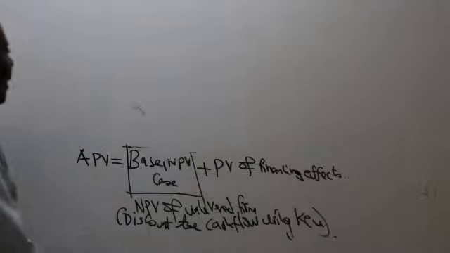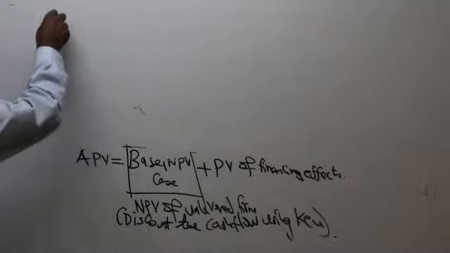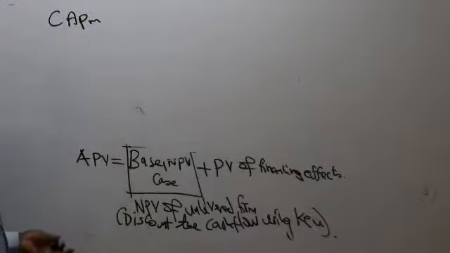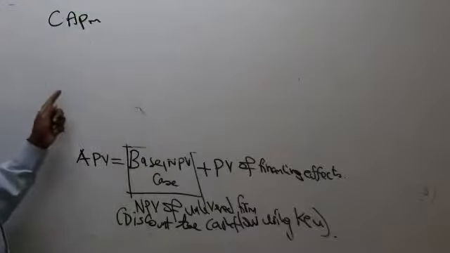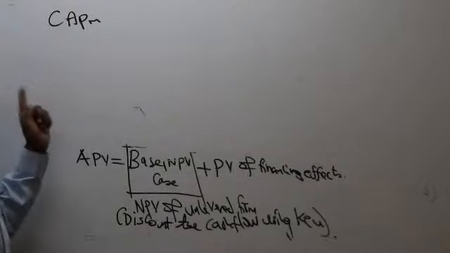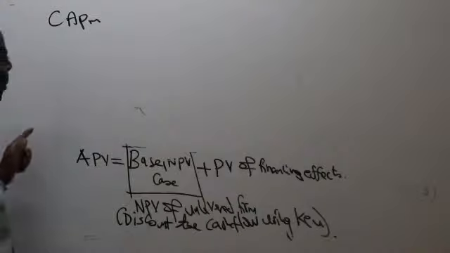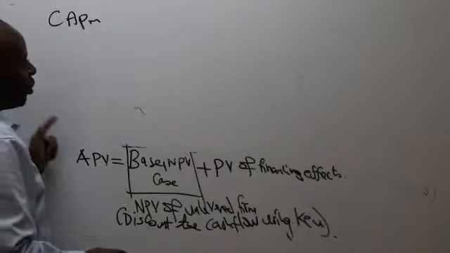we can get cost of equity using CAPM. We know one of the functions of CAPM, and this was asked just the other semester when they asked us to give them a list of the uses of CAPM. Ladies and gentlemen, CAPM is used to calculate cost of equity.